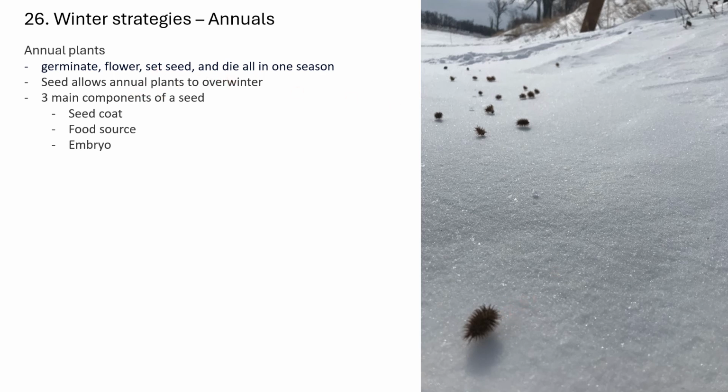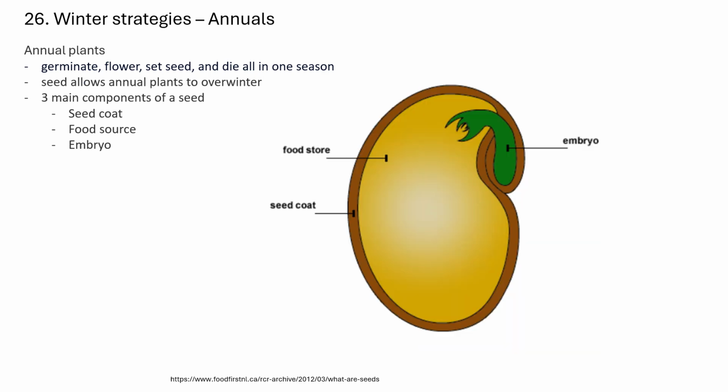And seeds, again, getting back to basic botany, a seed has these three main components. A seed coat, that's what allows them to overwinter. And a food source, that's going to be important for this little growing embryo once the seed germinates.